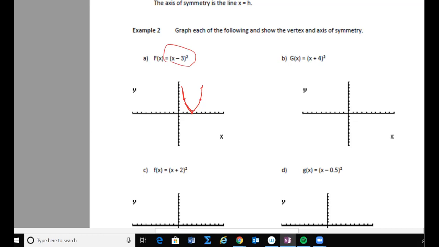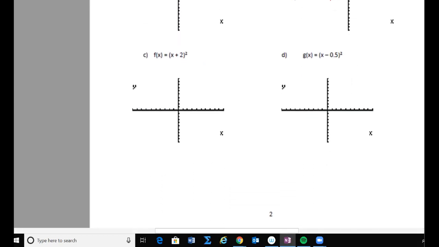This one is x minus a negative 4, so you'll be over here at 4 units over, coming up like that. Likewise, this one, 2 units over, coming up like that. I'm roughing that in. This is a half unit to the right, so it comes in like that.